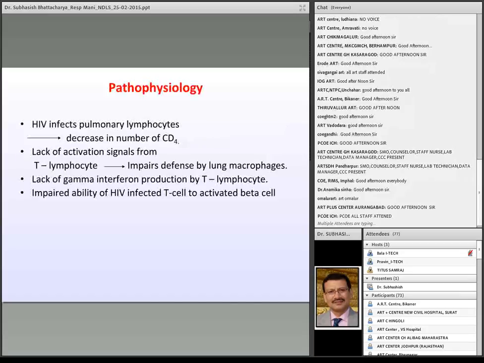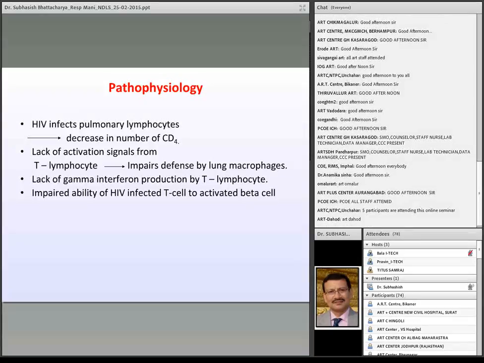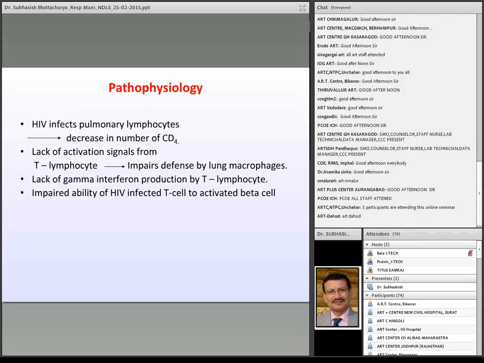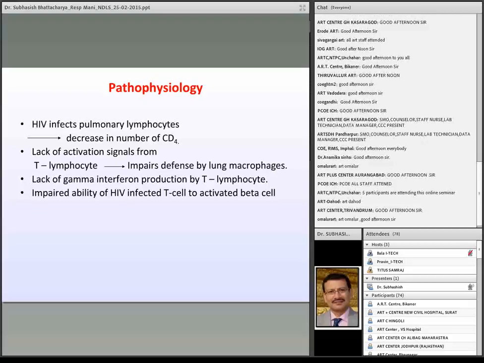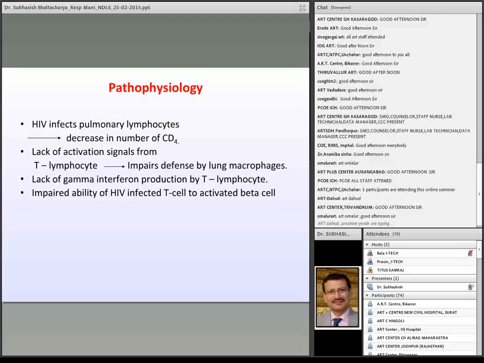What is the pathophysiology of pulmonary manifestation in HIV? HIV infects pulmonary lymphocytes, which results in a decrease in CD4 cells in the lung. So lack of activation signal from the CD4 cell, that is the T lymphocyte, impairs the defense by the lung macrophages.